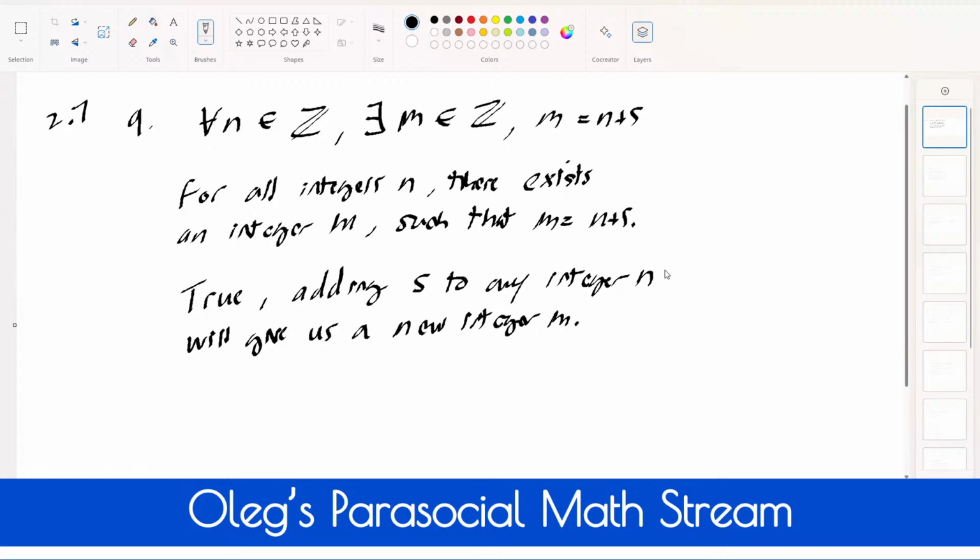So hopefully tomorrow we'll get through page 59, which would put us onto 2.10. And then 10, 11, and 12 get us through the chapter.